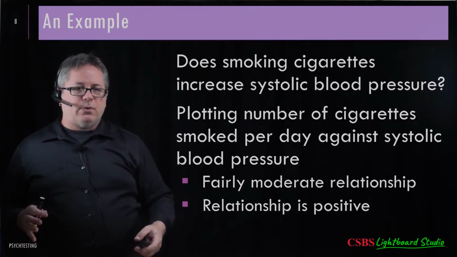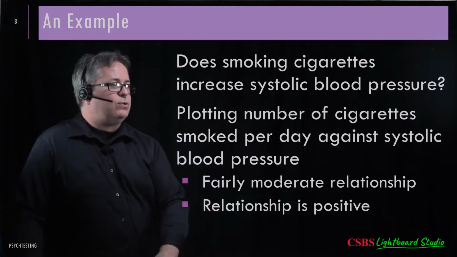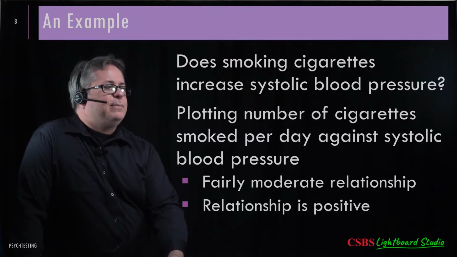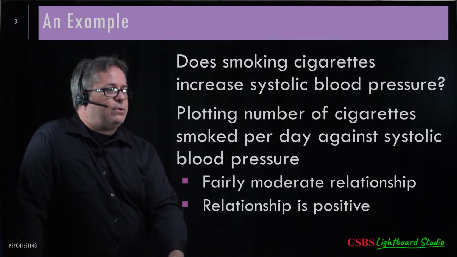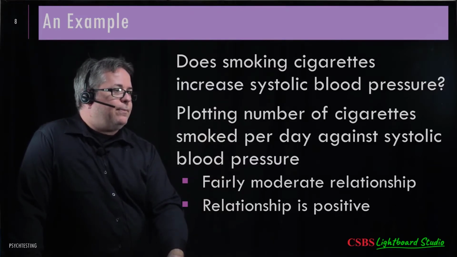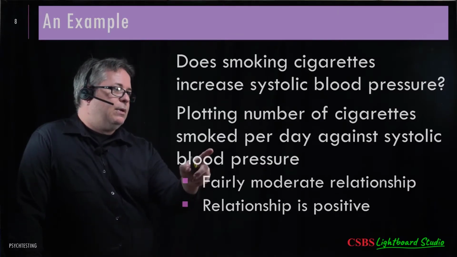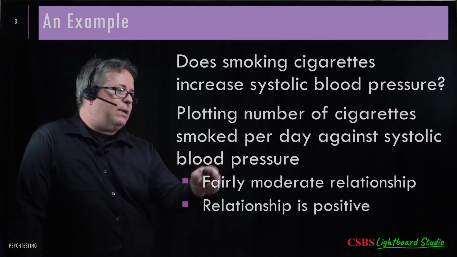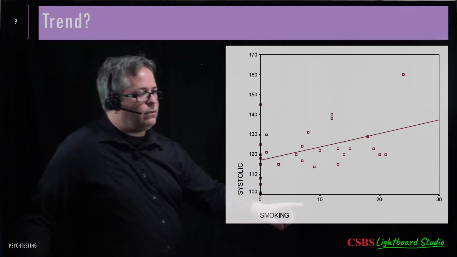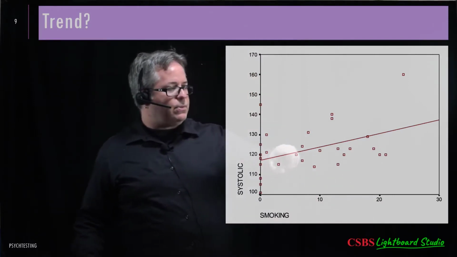So an example, and this is one I've used a bunch because it's interesting. It's a little bit dated, I think it's from 1988 or something like that. But the smoking cigarettes increase systolic blood pressure. Actually, not this. We're going to get back to smoking cigarettes in a second. But if you plot the number of cigarettes smoked per day against systolic blood pressure, you start to see this trend that the more smoking occurs, the blood pressure starts to increase.